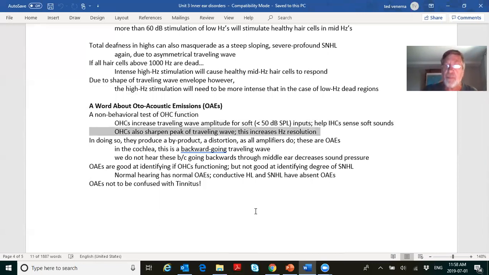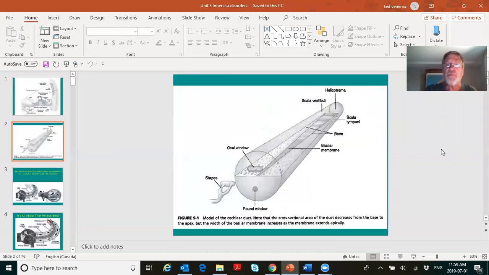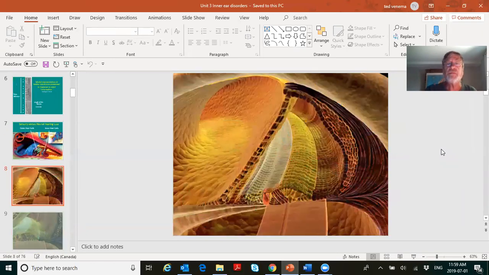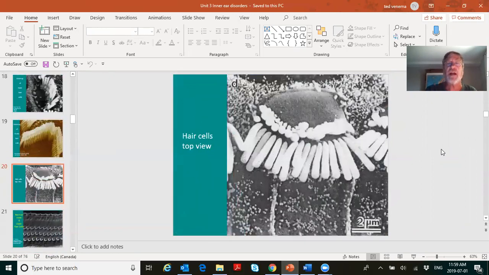Sweat is the byproduct of work. Heat is the byproduct of a light bulb. The ear is no exception, because the outer hair cells are sharpening the peaks of the traveling waves. You're going to have otoacoustic emissions. Moving down here, let's see our slide. We may very well have it.